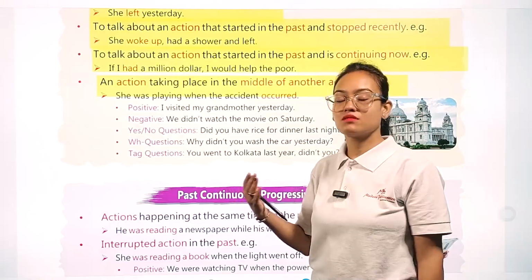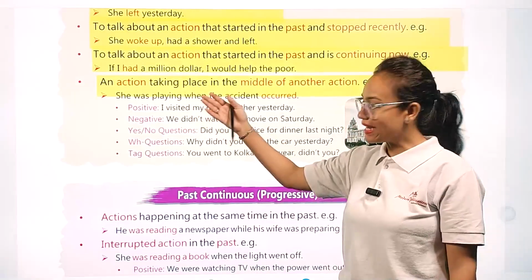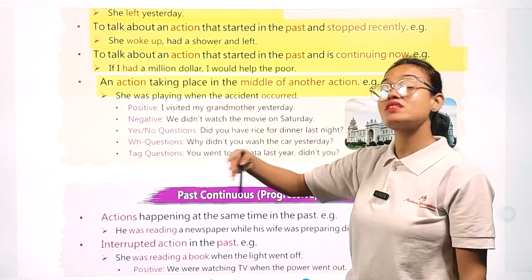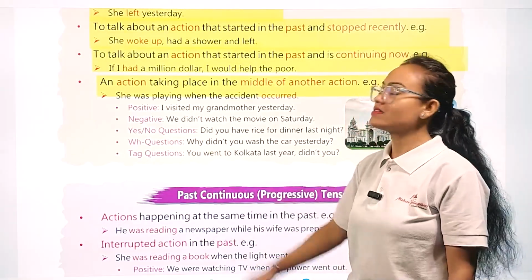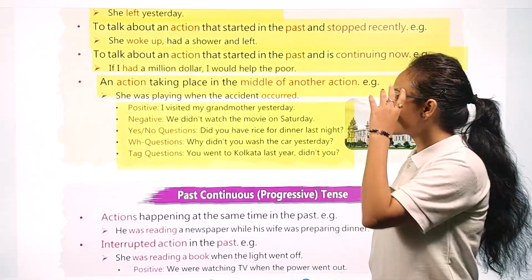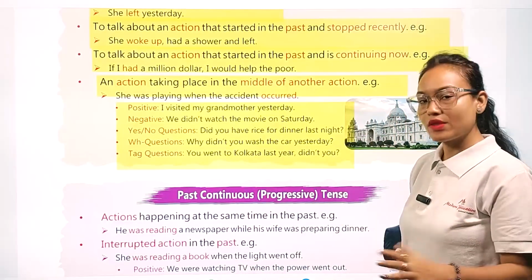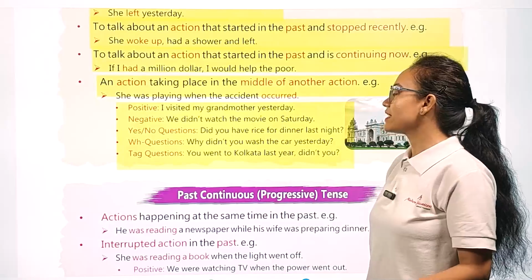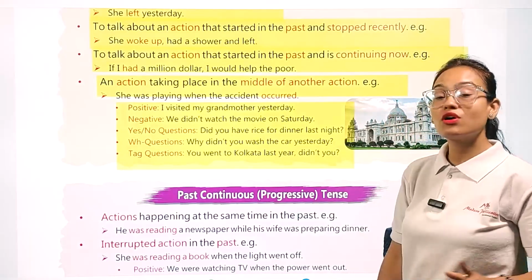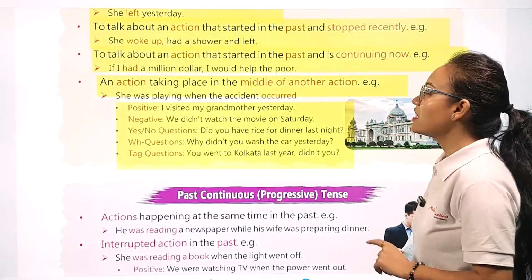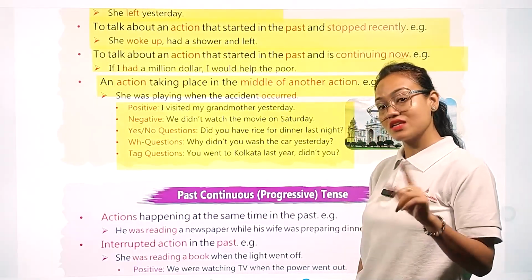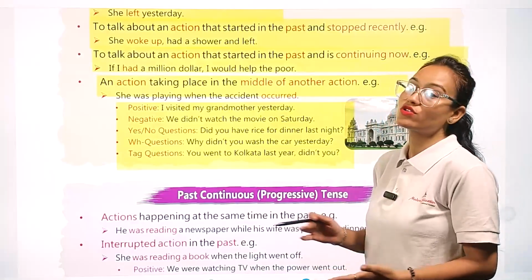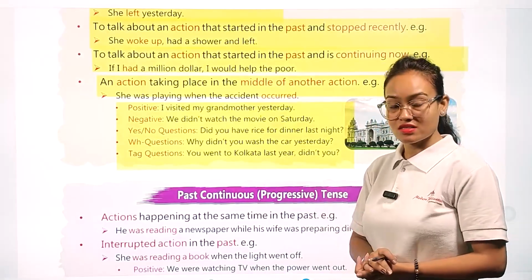Okay, so now we are going to see in what way we are going to use our simple past tense in positive form, negative form, in yes or no, means interrogative form, as well as whenever we are asking question words, and tag questions. Let's see. Positive: I visited my grandmother yesterday. In negative sense we are going to say like this: we didn't watch the movie on Saturday. Then yes or no question, whenever we are asking questions in interrogative sense, how are we going to make a sentence in our past simple tense?